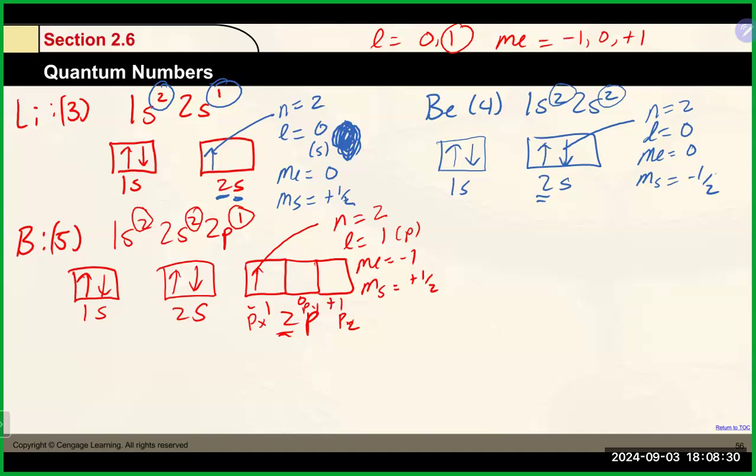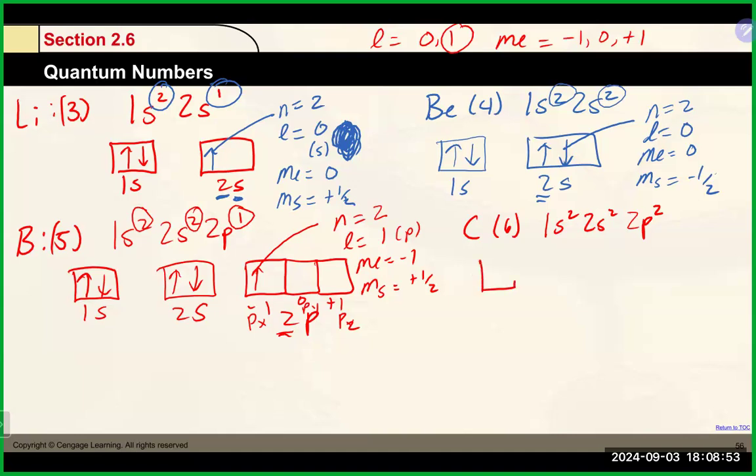So let's take a look at the last few here on this second period. We'll go carbon next, which is 6. So again here, we're going to start at the top, 1s2, 2s2, and now we're going to go 2p2 in this case, which if you count up the top numbers, 2, 4, 6, is our electrons.